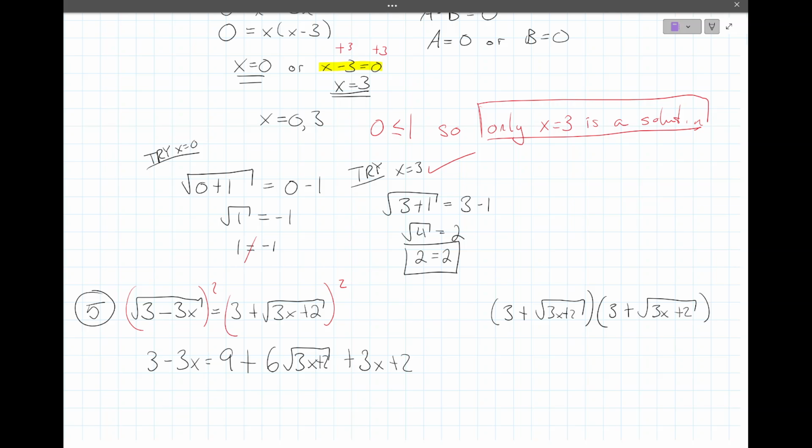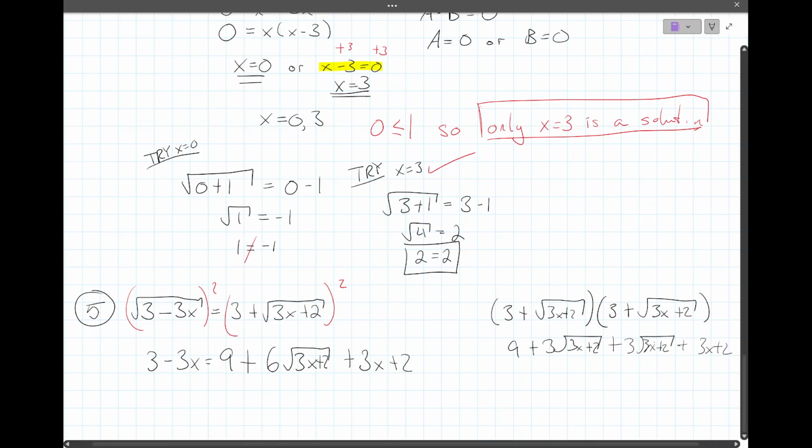The first one is 9, and then it'll be 3 plus 3x plus 2, and then the inner one will be 3x plus 2 again, and then the last one will be plus 3x plus 2, right? Root 3x plus 2 times root 3x plus 2 just takes away the root, and I get 3x plus 2. What we're going to do is just move everything to one side.